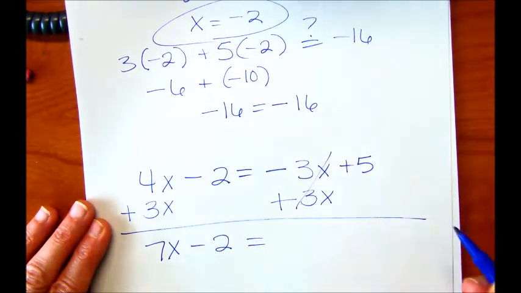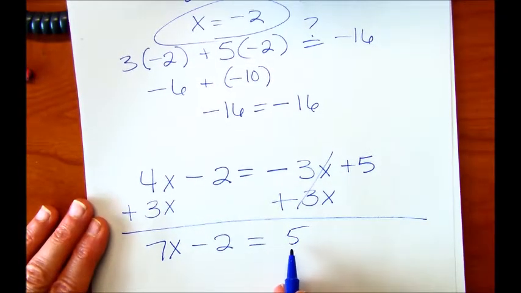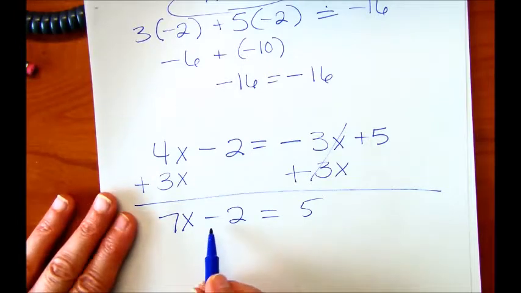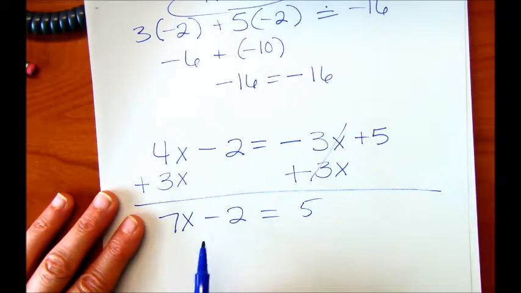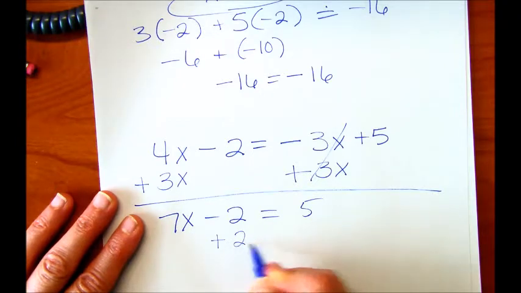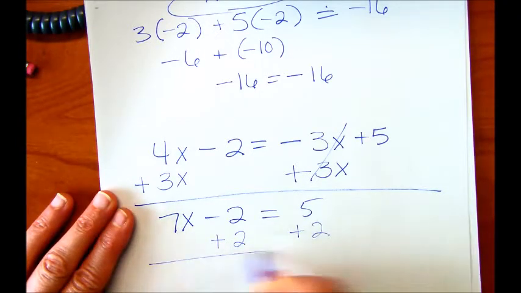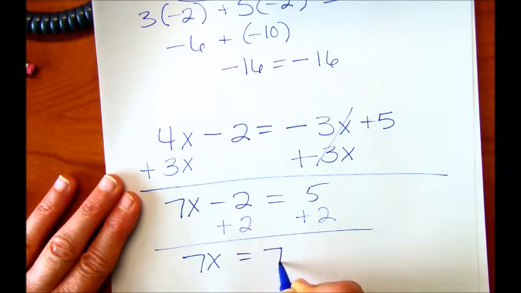This gets eliminated, and then I have 5. I don't have to write positive 5 there. Now I'm going to move this negative 2 to the other side. To eliminate it on this side, I have to add 2, because that's the opposite of subtract. So add 2 to both sides, and I'm left with 7x equals 7.